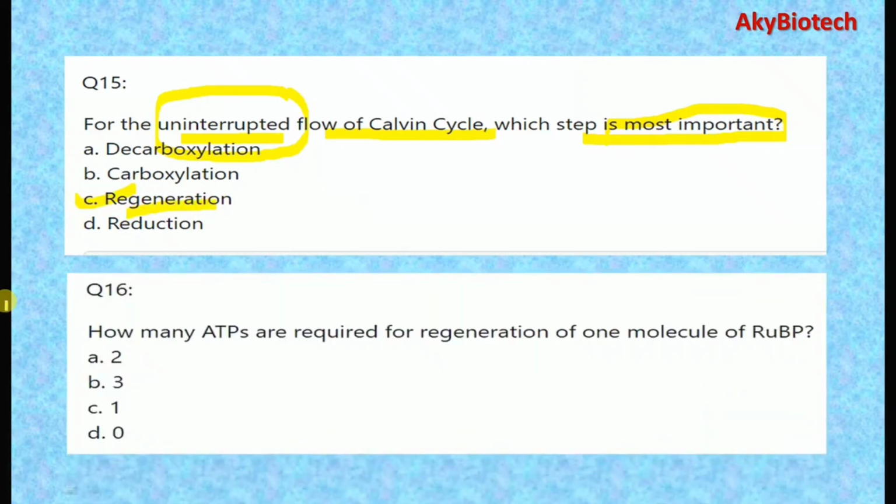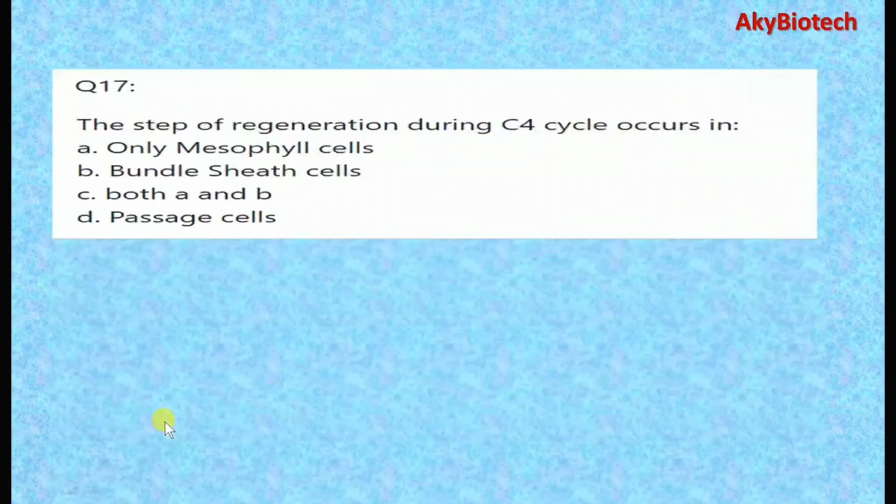Number 16. How many ATPs are required for regeneration of one molecule of RuBP? How many ATPs are required for regeneration of one molecule of ribulose bisphosphate? The correct option is this one, ATP it is required.